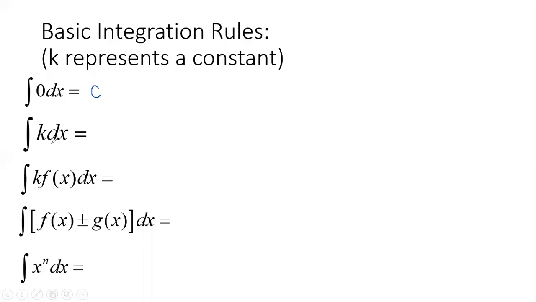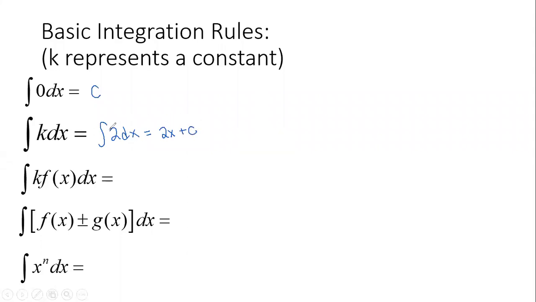For our next one, we're going to take an integral of just a number. So k represents a number. An example of this is the integral of 2 dx. So 2 is our integrand, dx is in respect to what variable, and we're taking an integral of this function. So we need to find our antiderivative. In this case it would be 2x, and then we're going to add our constant.